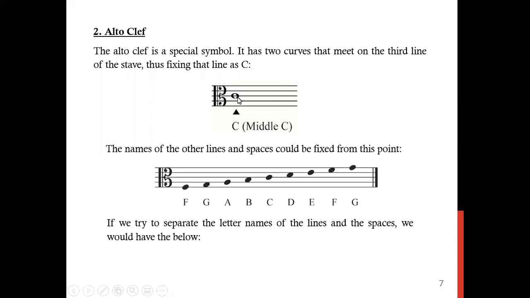Now, if you can draw this, please try and draw this right now. Draw this on your own notebook now. And label them accordingly, knowing that the 3rd line is C. Label it accordingly with the alphabets.